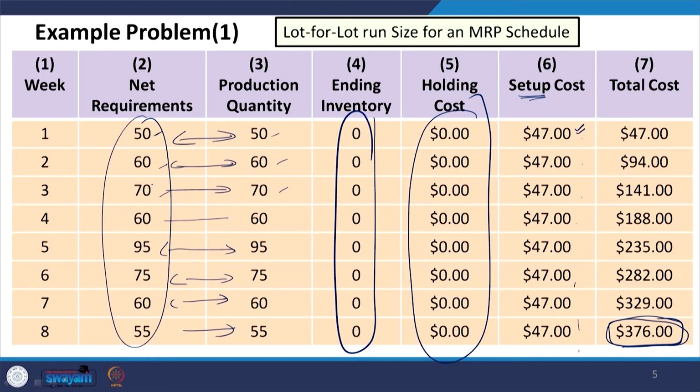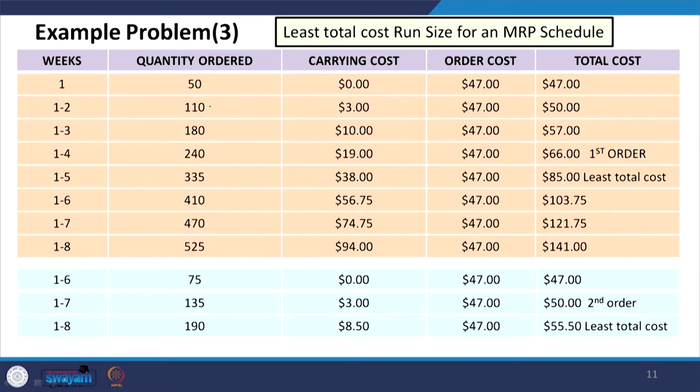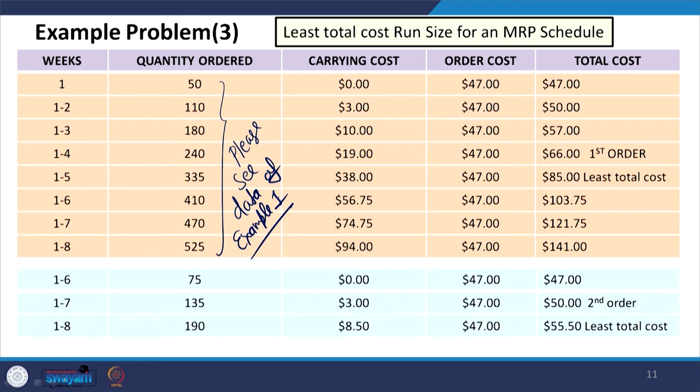If I take only the first week it is 50, for weeks 1 and 2 together it is 110, for weeks 1, 2, 3 it is 180, and so on. To understand these values, please see the data of example 1, so you will understand where these quantity order data come from.